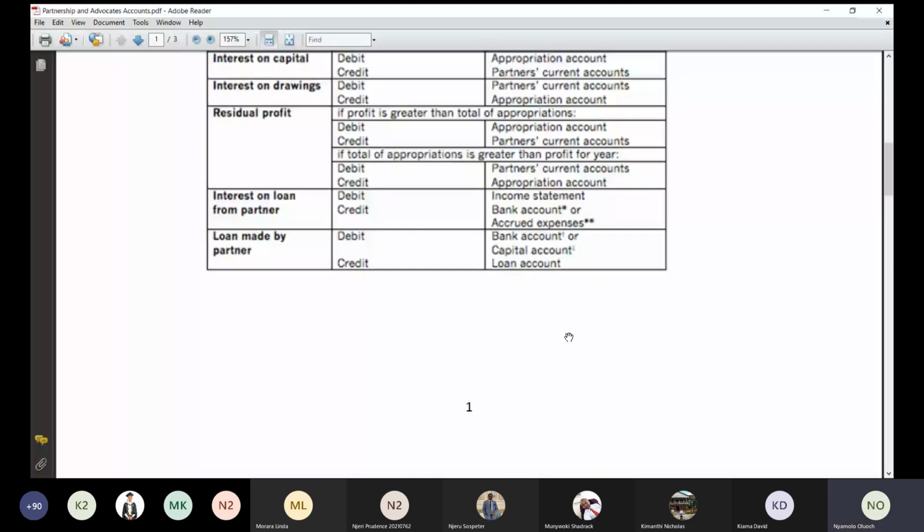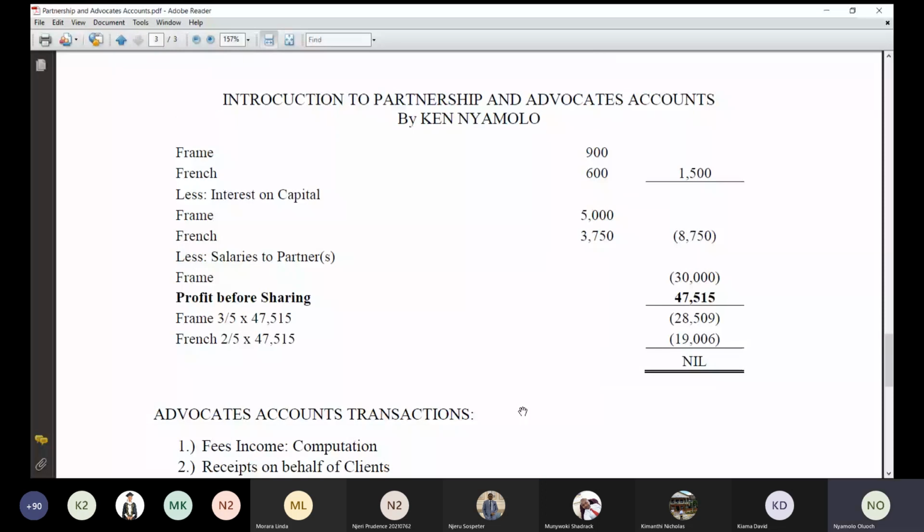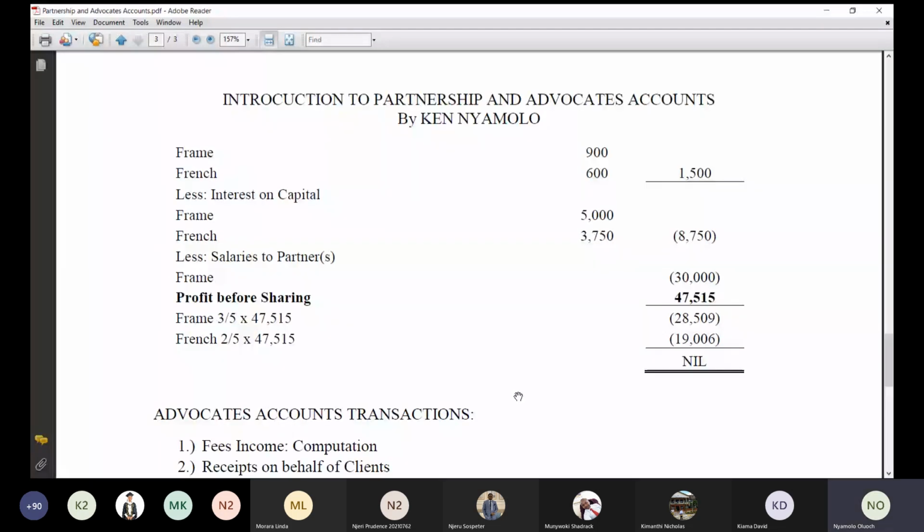So if you go to your balance sheet, the rest of the adjustments and the figures from your trial balance, they will fall squarely on your balance sheet, save for the figures for the capital accounts and the current account, if any.